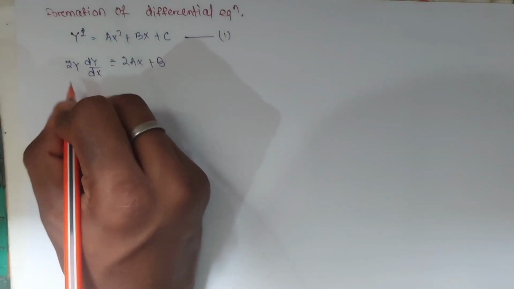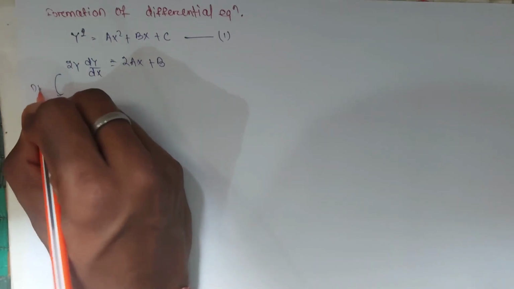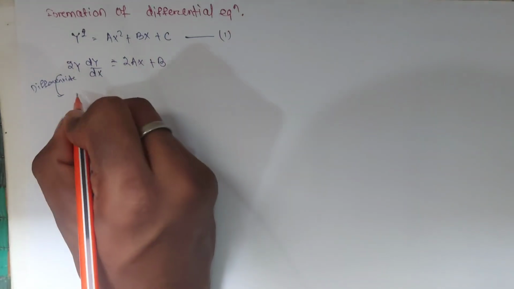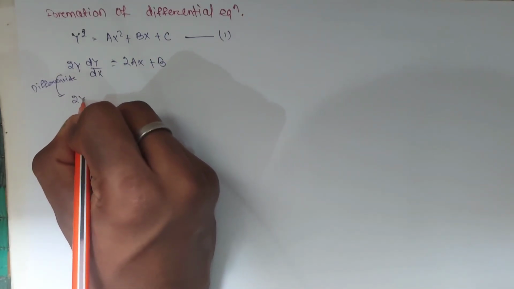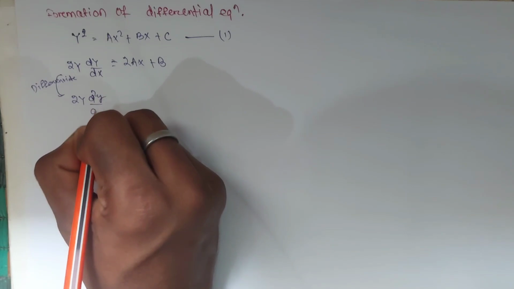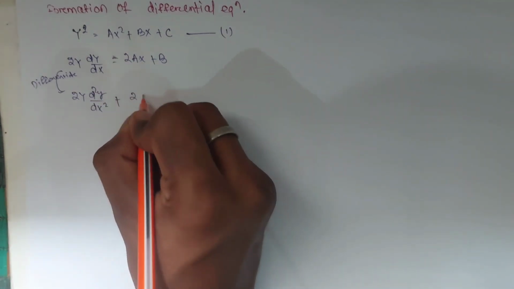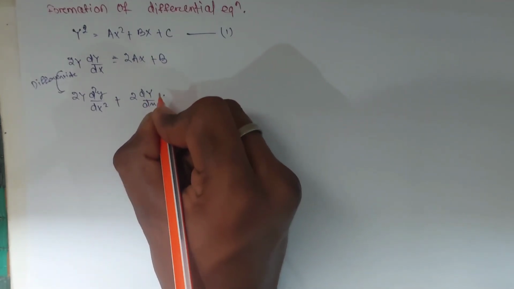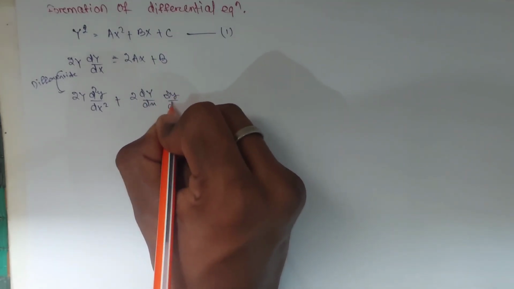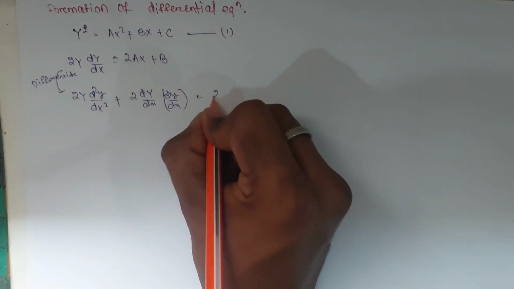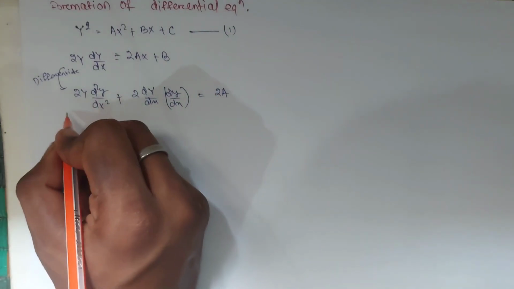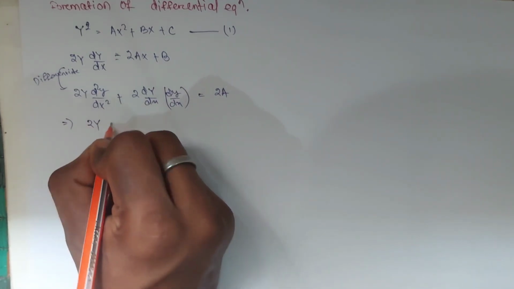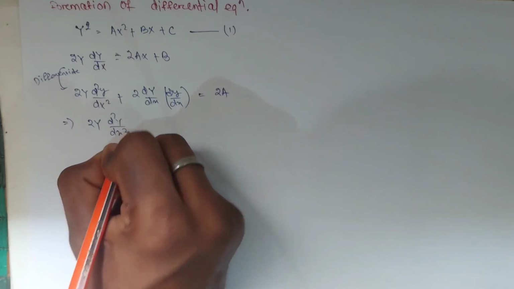Okay, then if we further differentiate, we get 2y d square y by dx square plus 2 into dy by dx whole square equals 2a.